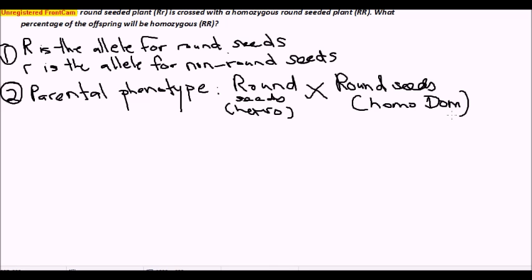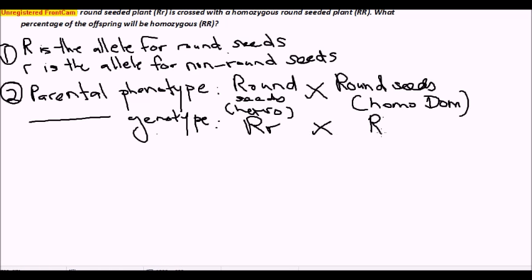Okay, after that you're going to write down parental genotype. This has already been given in the question, but sometimes it will not be given and you have to know about it by understanding the phenotype. So big R, small r cross with big R, big R. The next step is to write down the alleles.